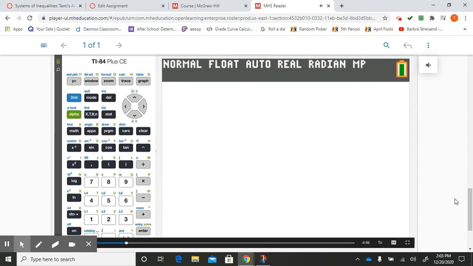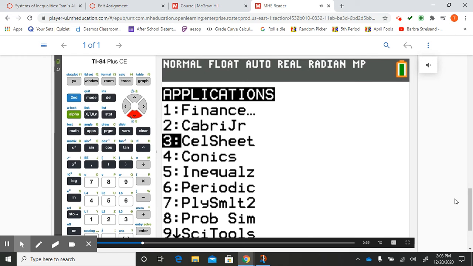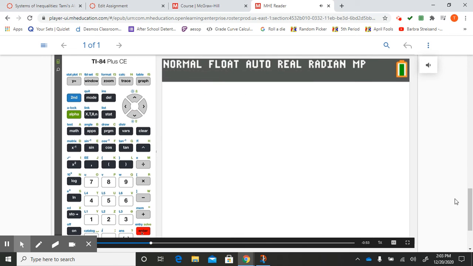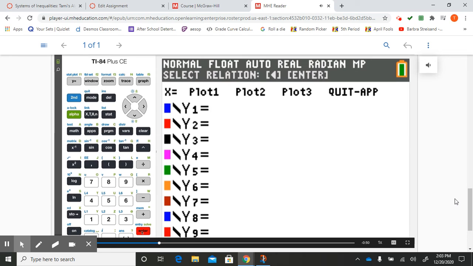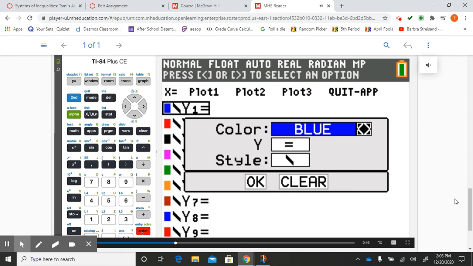To graph the system of inequalities on the TI-84, download the inequality graphing feature. Press Apps and select the Inequalities feature. Select the inequality symbol for the first inequality by highlighting Y1 and pressing Enter. Next to Y, use the left and right arrows to select the inequality symbol.